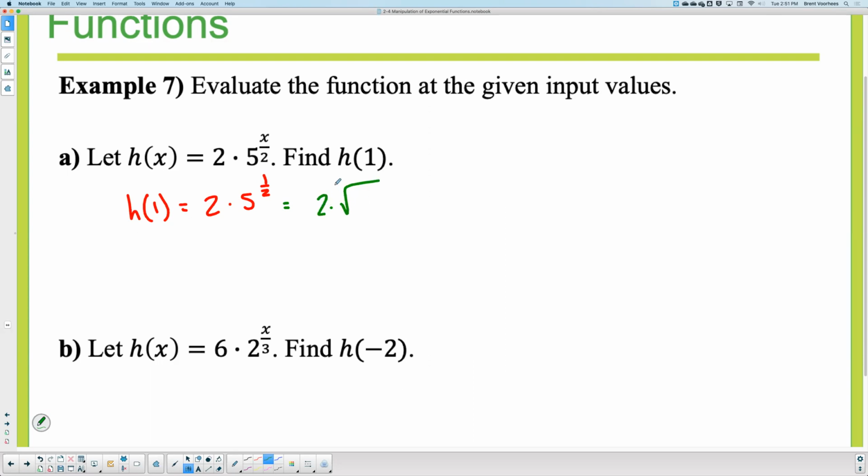It becomes a root. And in this case, it becomes a square root. So here, if it's a square root, you don't need to leave the 2 there. You can drop the 2, and you don't need to leave the 1 there. You can drop the 1. Can I simplify 2 times the square root of 5? Do we have a square root of 5? No. Nope. So I'm just going to say that's my answer right there.